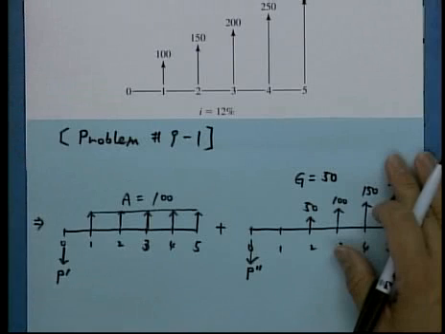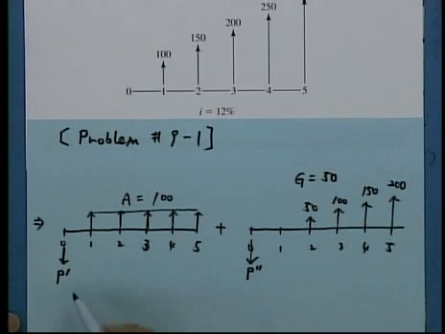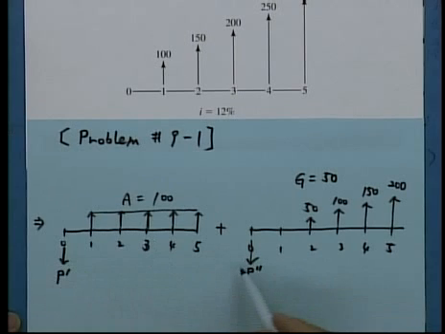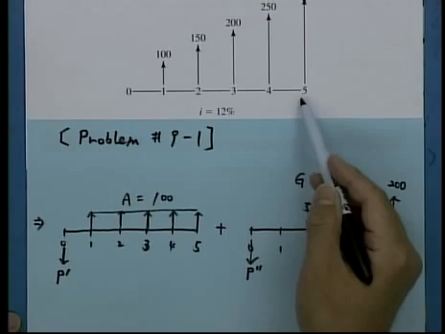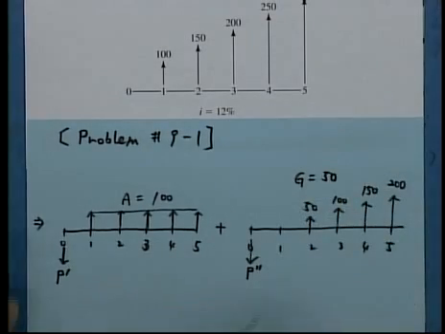Once you obtain an equivalent present sum of money, P prime plus P double prime, at the end of period 0, what you need to do is convert the summation of P prime and P double prime to an equivalent future sum of money at the end of period 5, right? That's what you are going to do.